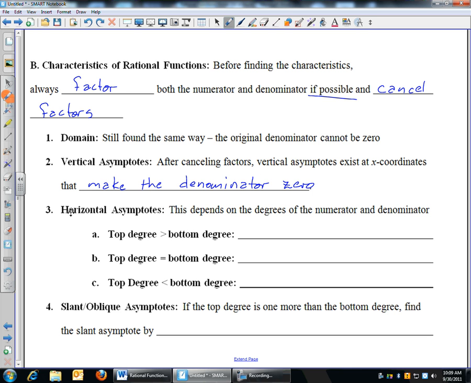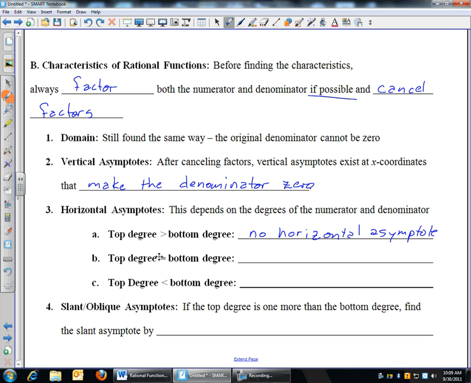is a vertical asymptote. Horizontal asymptotes depend on 3 rules, and you look at the degree in the numerator and the denominator. If your top degree is bigger than the bottom, then there is no horizontal asymptote. There's not one. It just doesn't exist. No horizontal asymptote.